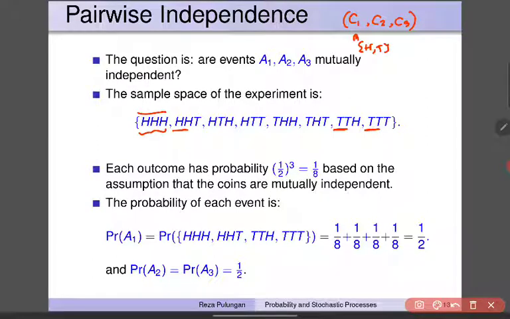So the probability of A1 is equal to the probability of this set of outcomes, and if you sum them all together, it produces 1/8 plus 1/8 plus 1/8 plus 1/8, which is equal to 1/2. In a similar fashion, we can also compute the probability of A2 and the probability of A3, and both also produce 1/2.